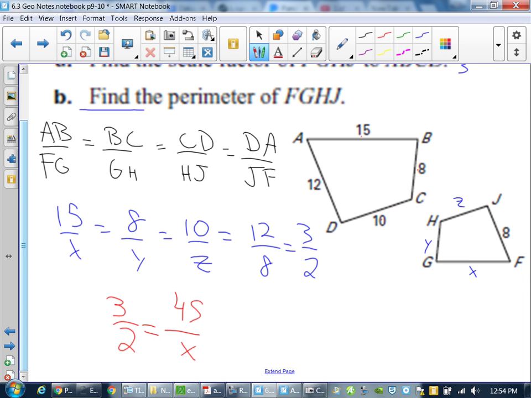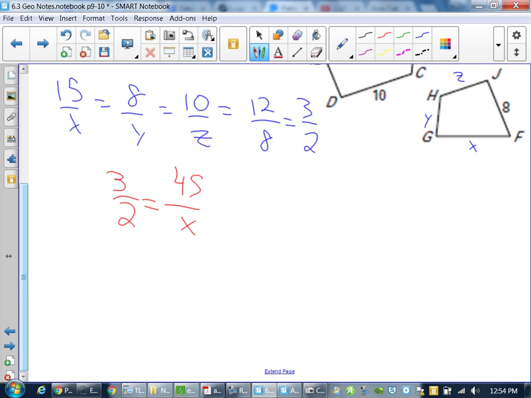The reason why they do the perimeter stuff with this is so that way you don't have to do cross multiplying 3 times. They'll actually just do it once. Okay. So what's 2 times 45?